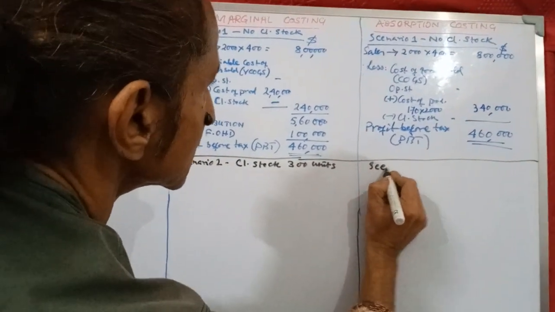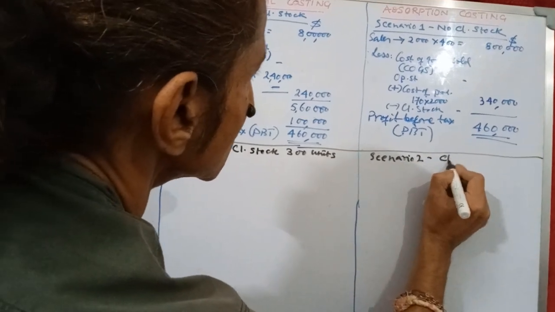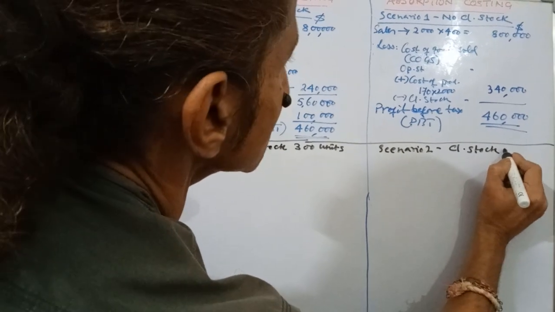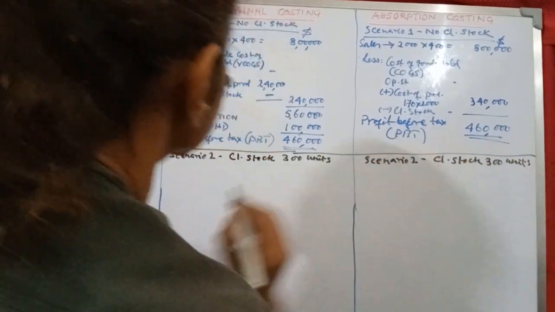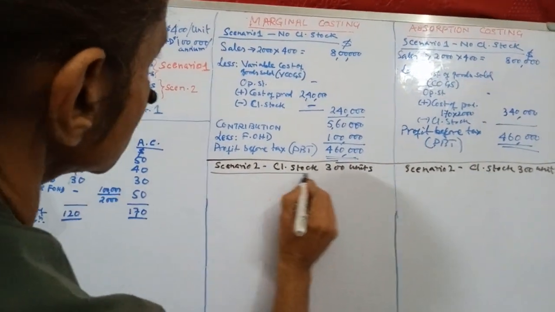This is scenario 2, closing stock 300 units.